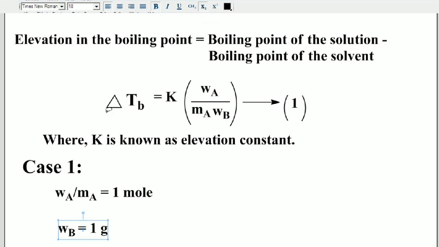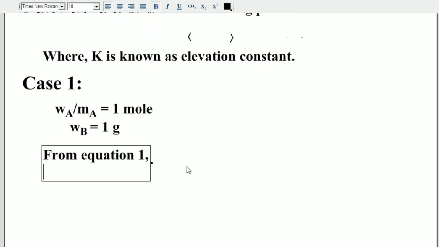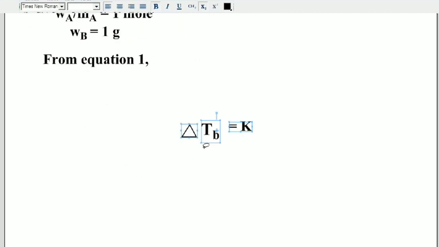Then from equation 1, how can we write? From equation 1, delta TB is equal to K.